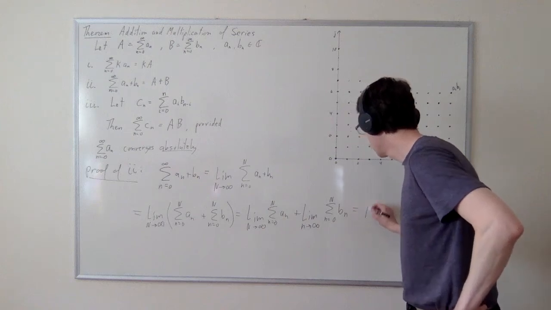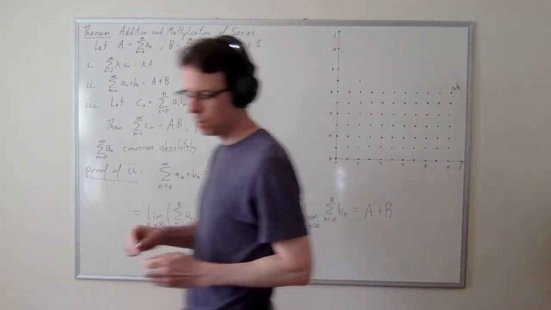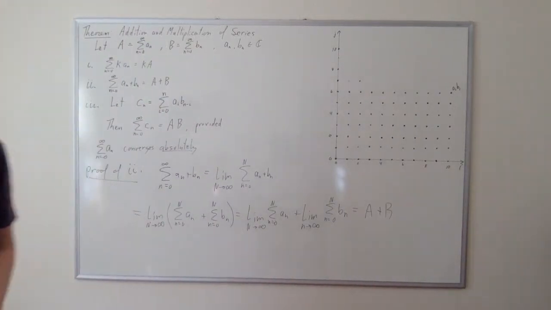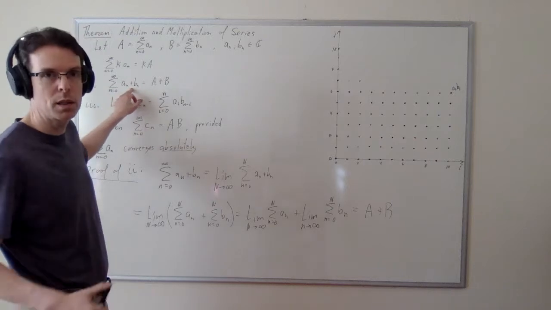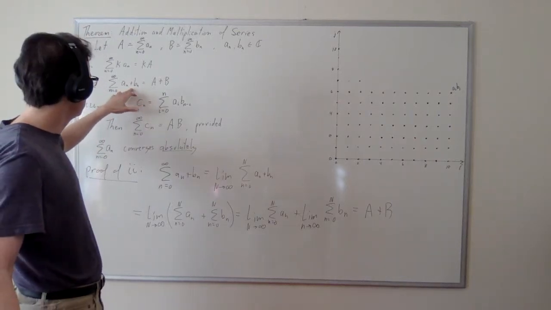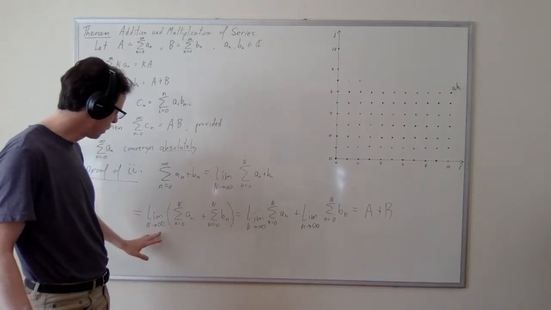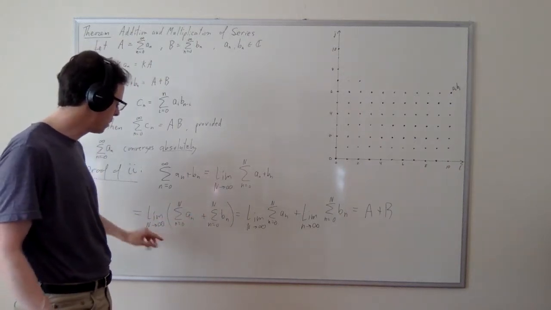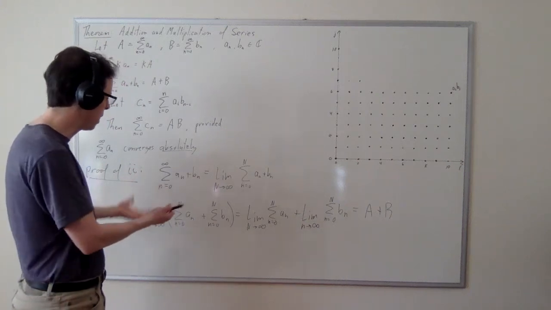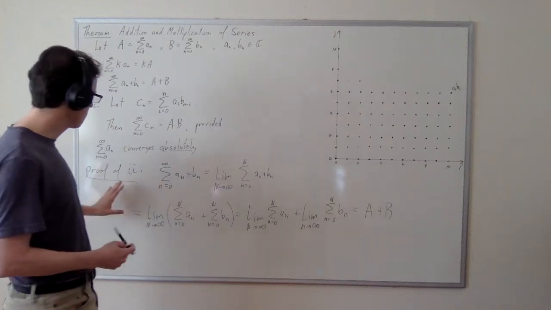And that is nothing more than A plus B. So essentially, we've passed an infinite sum, this operation, across a plus. And in doing so, all we really did was we passed a finite sum across a plus, and we passed a limit across a plus, because those are the properties of the finite sum and the limit. And so when combined, that gives us the same property for the infinite sum. So that's our proof of 2.